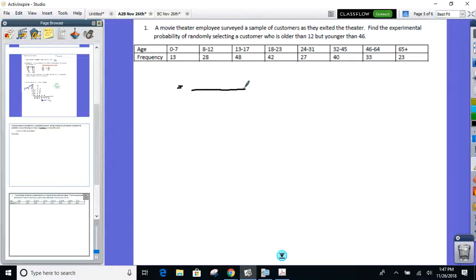So on top of my probability is going to go, I need your help. How many people are older than 12 but younger than 46, based on your table? Anybody find it? How many? 157 out of what always goes on the bottom?